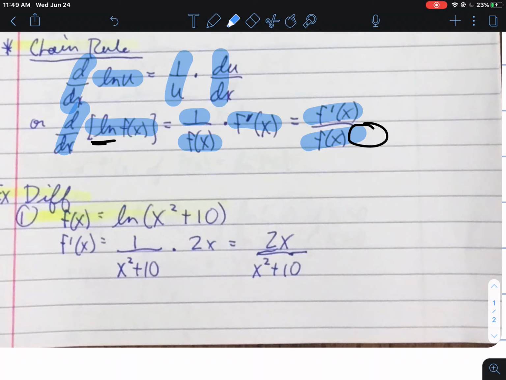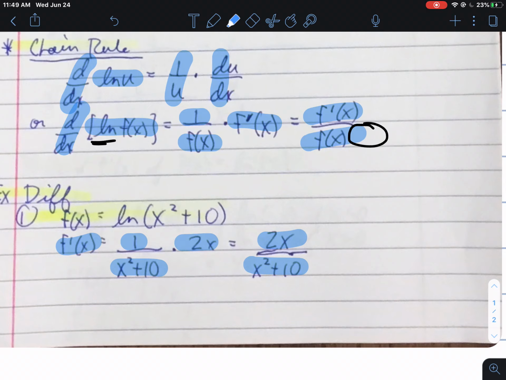So differentiating, for example, number 1, I've got f of x equals natural log of x squared plus 10. And again, whichever way you prefer to do this, here's taking it directly from the definition, f prime of x would be 1 over the argument times the derivative of the argument, which would be 2x plus 0, right? Or just 2x. Or if you prefer, let's just go straight to this.